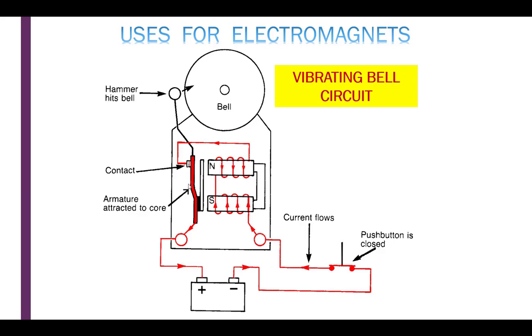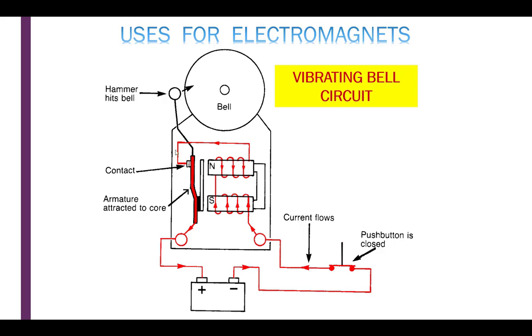pull this piece of iron towards it, and because it's pivoted down here, as that pulls, the hammer hits the bell, ding. But also, when it flies over here to hit the bell, this set of contacts breaks. It's like a switch. The contacts break, the current stops, these coils de-energize, and the hammer falls back this direction.